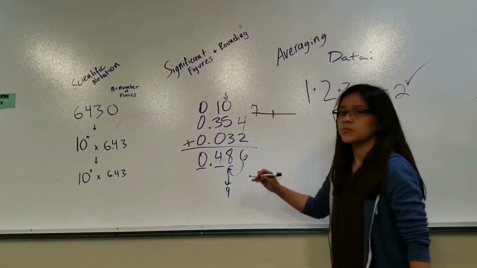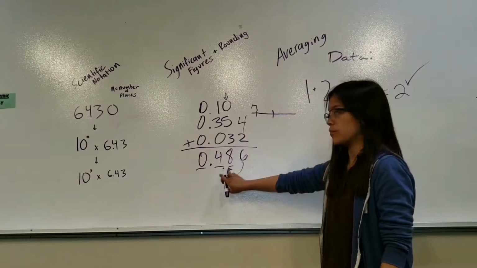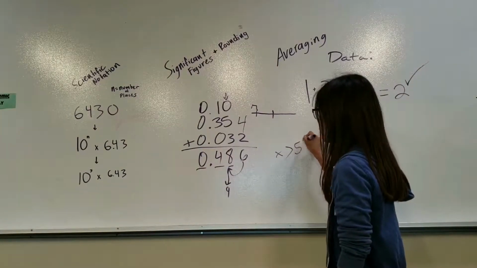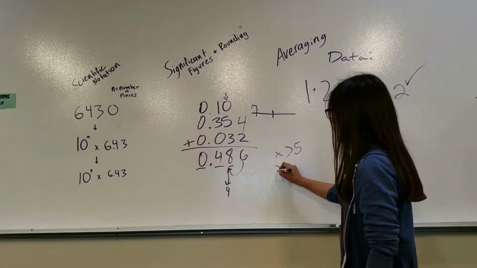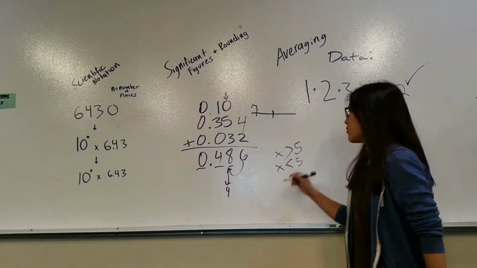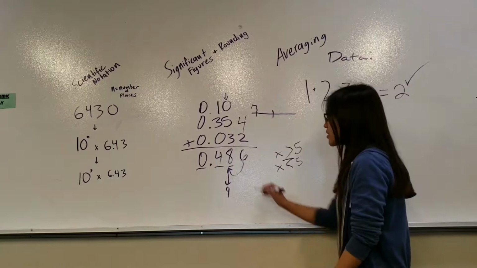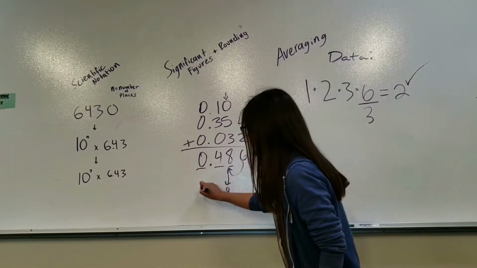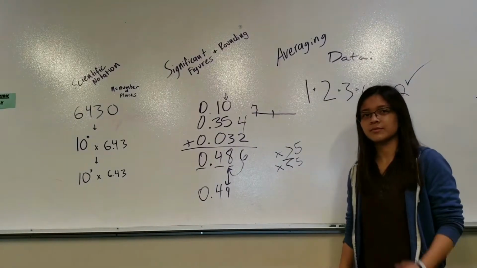When rounding, if the number after the number you're trying to round is bigger than 5, then you should round up to the next digit. If your number is less than 5, then you should round down. And if your number is 5, then you should round up. So 8 becomes 9 because 6 is bigger than 5. That means your final answer should be 0.49.